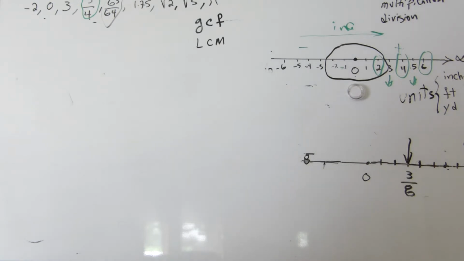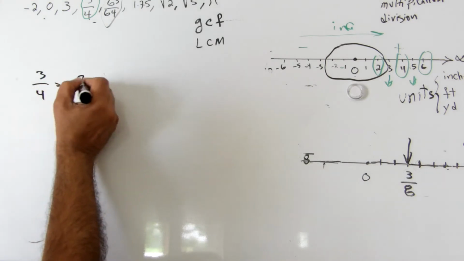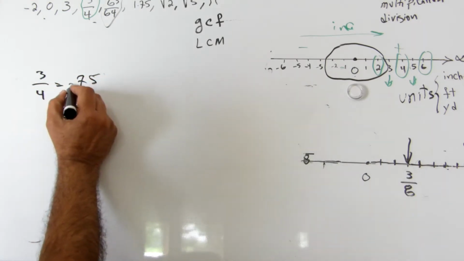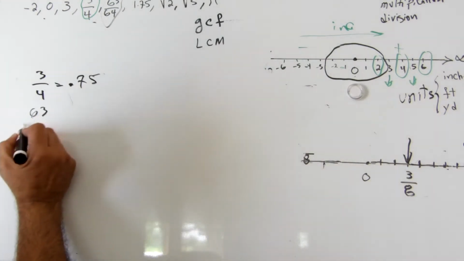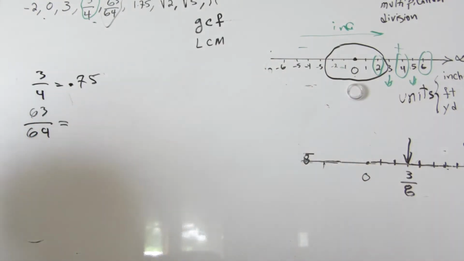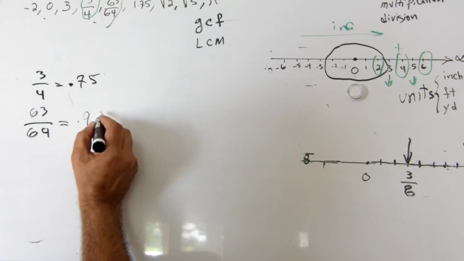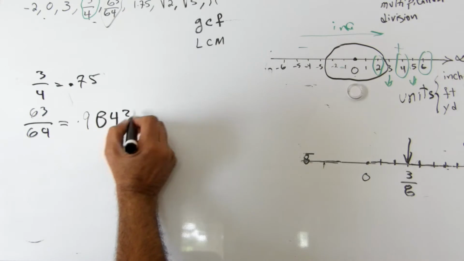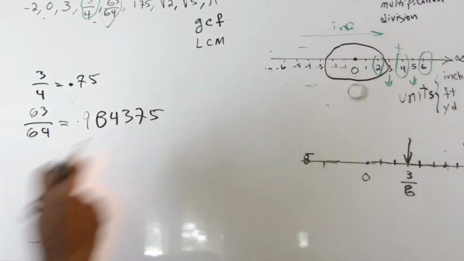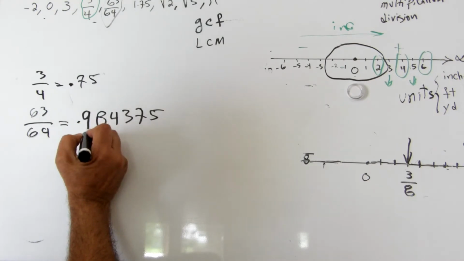There are some numbers like 3 over 4, which is equal to 0.75, with only 2 decimal places, or 63 over 64, which is 0.984375. See, this one has more decimal places.